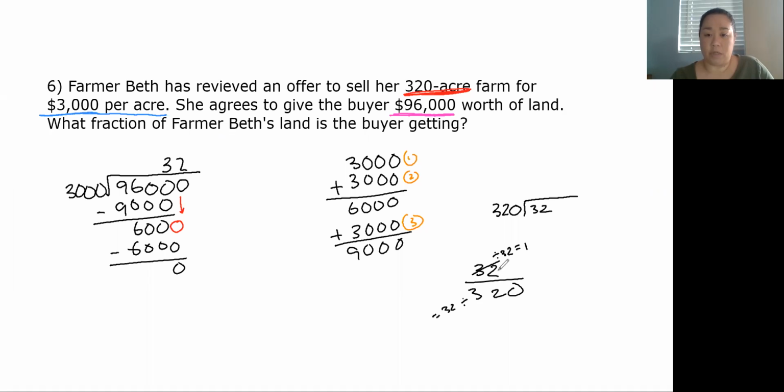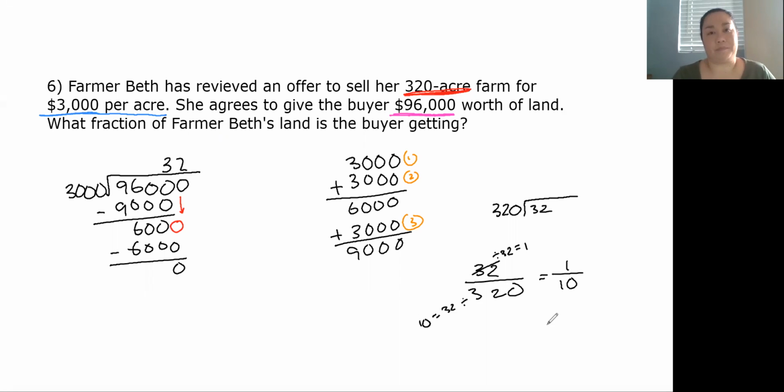But if you notice, 320 is just 32 with the 0 behind it, which means it was multiplied by 10. Hopefully you kind of get that connection, which means what I have is 1 over 10. Does that make sense?